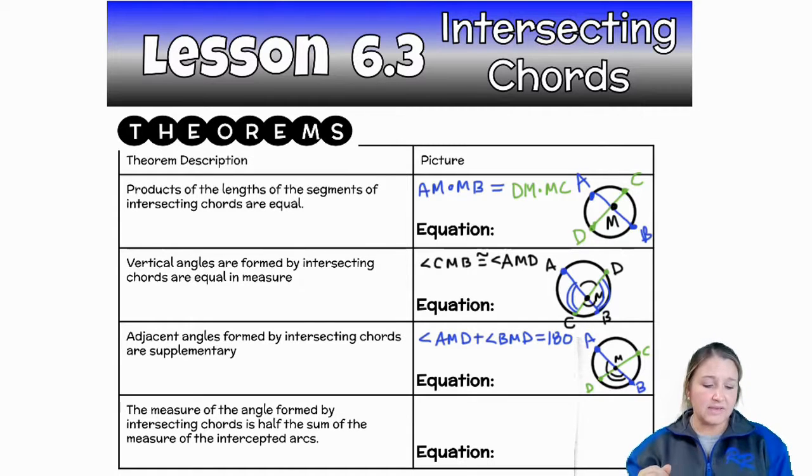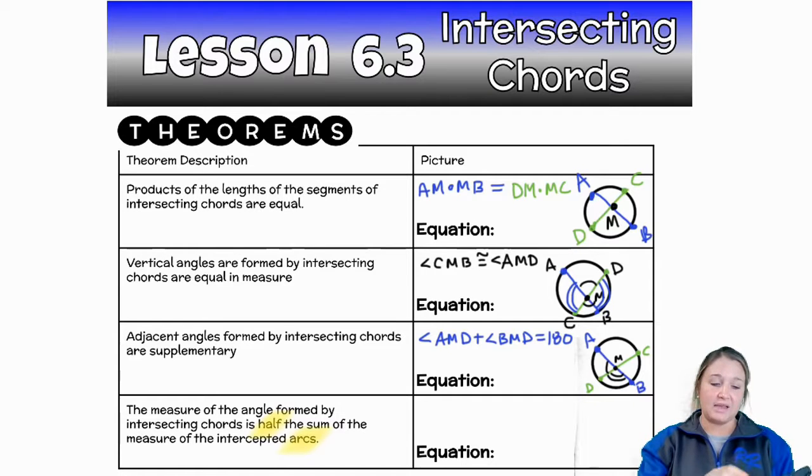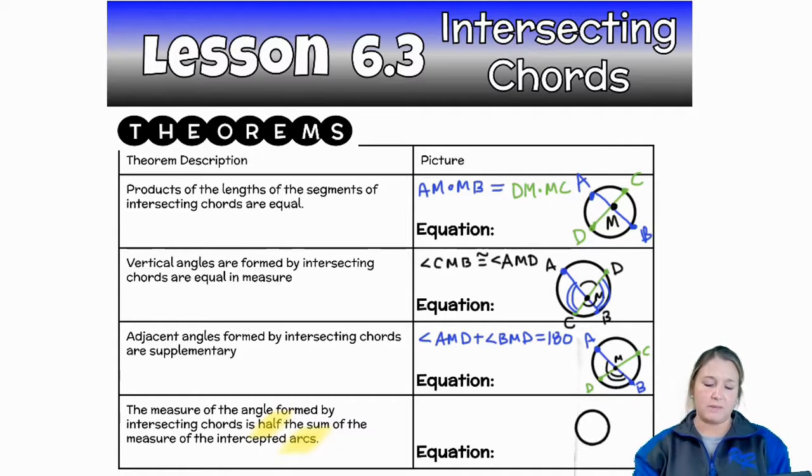And then the last one is that the measure of the angle formed by the intersecting chords is half the sum of the measures of the intersecting arcs. So this is the big thing you want to pay attention to. Also notice that that is plural. There's intersecting arcs. So the intersected arcs are going to be both sides of those chords. So let me show you what I'm talking about. So here's my circle, and then we'll have our intersecting chords.